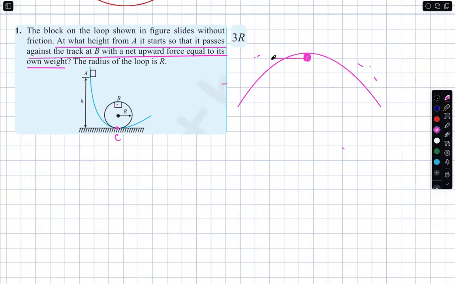You are doing it with velocity V. Very good. On this, weight is a downward force. Normal reaction is also downwards. And this balances mv square by r.